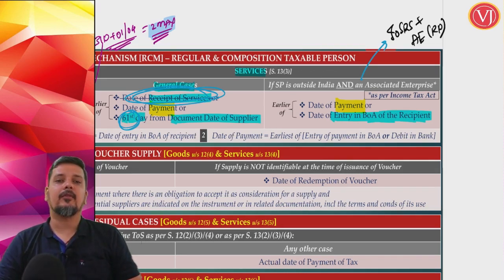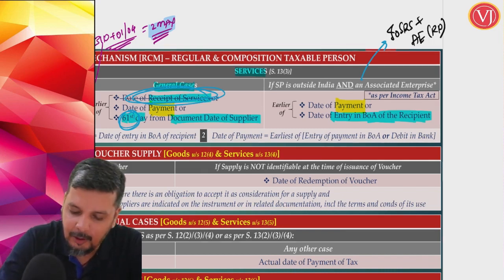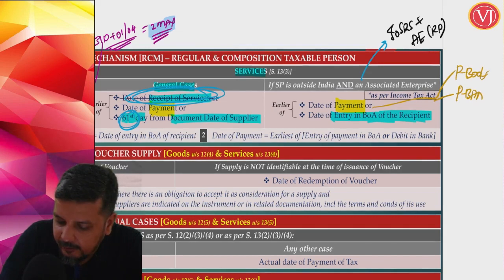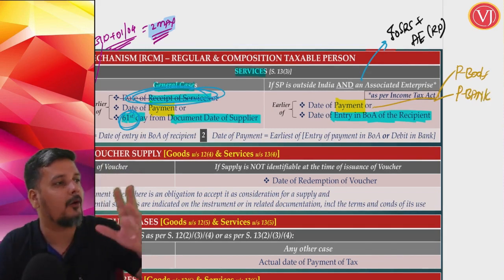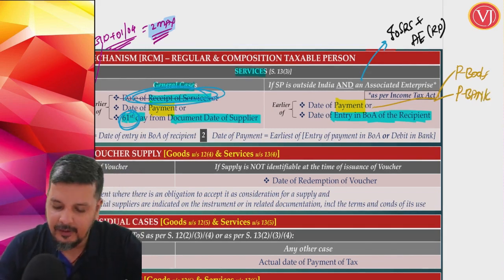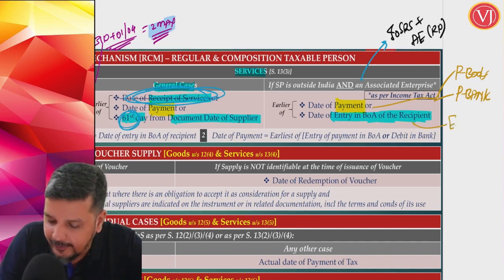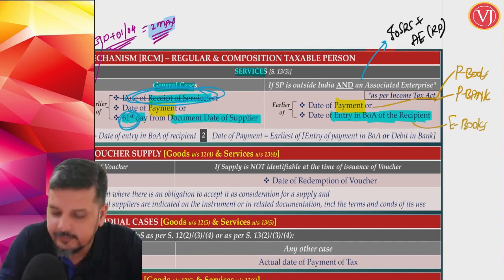What is the problem with associated enterprises? They strongly believe that the invoice may not be shared and payment may not be made. And by the way, when they talk about payment, it is always payment in books or payment in bank. Just now we have discussed the common points for FCM and RCM. So then what is this entry? Again in books. This is the expenses entry in books of accounts.